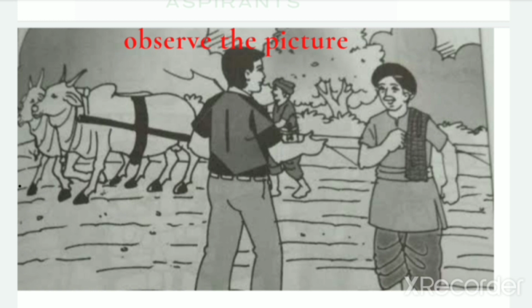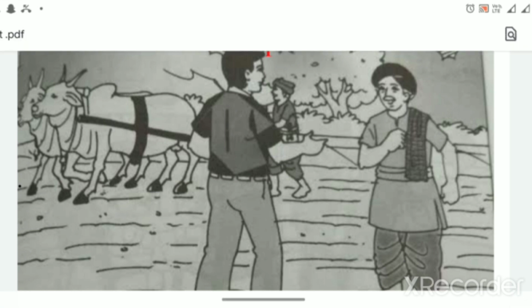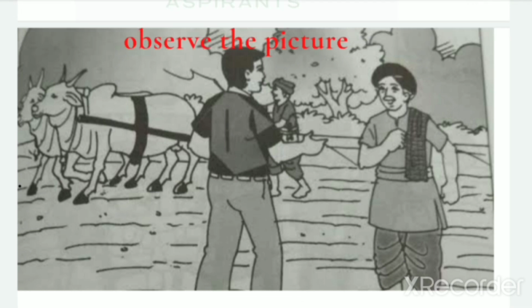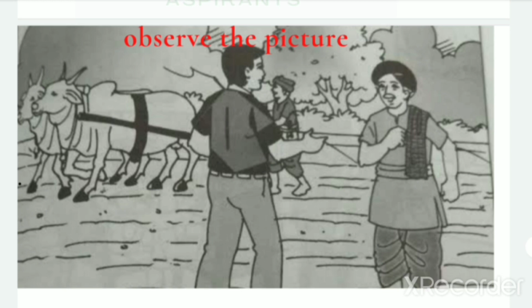Now, whatever we have seen in the picture, we can see an old man, a young man, bullocks, a field. So this is a farm area. I will share a story that I have written regarding the picture.